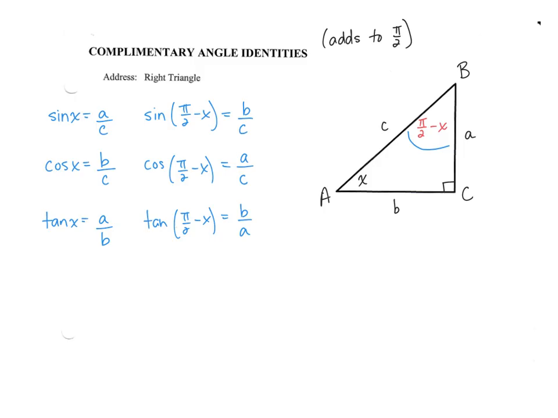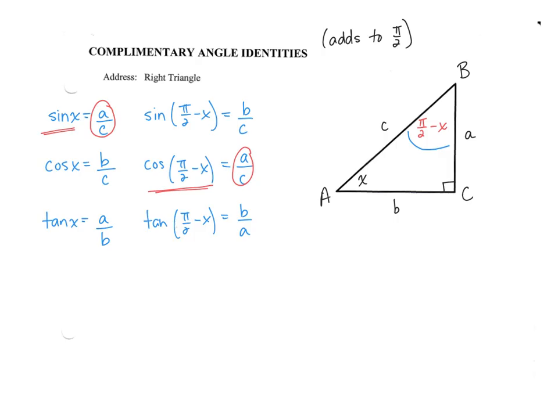And so now when we look at those ratios, what I'm hoping we notice is that we have equivalent ratios here. And what we can say from that is we know that cos of pi by 2 minus x is equal to sine x.